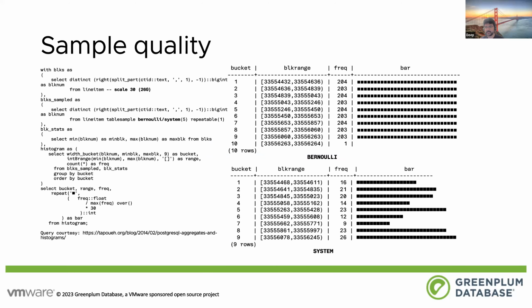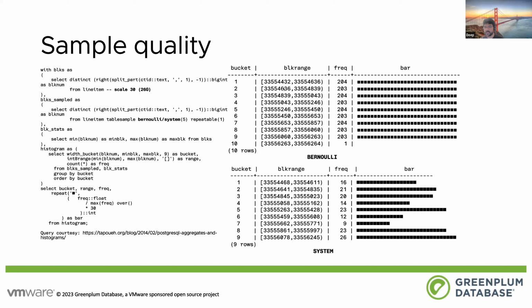And then we can shortly chat about sample quality, right? If you use Bernoulli, you get better sample quality, which is what we already mentioned. You can see the kind of blocks that are returned from this query, from the lineitem table sample, Bernoulli versus system 5.